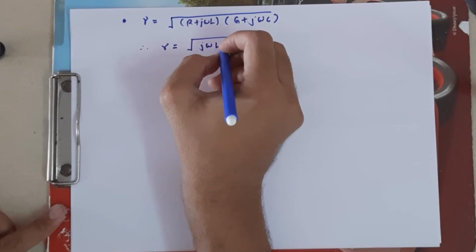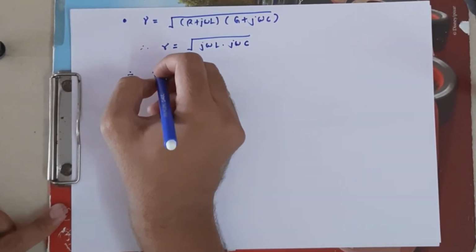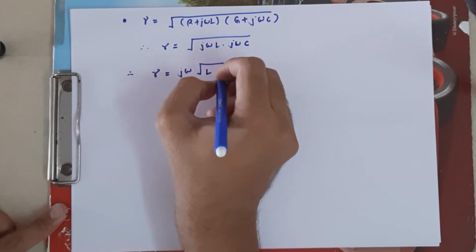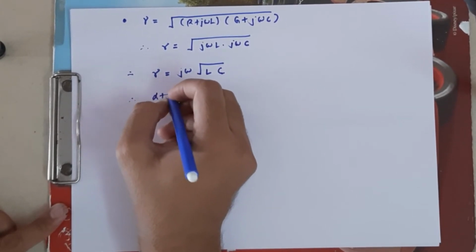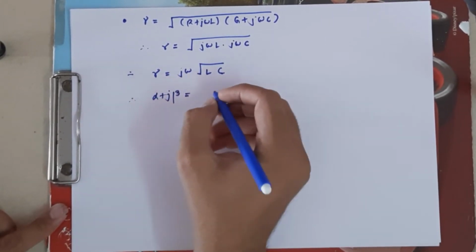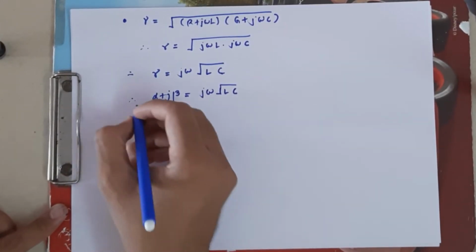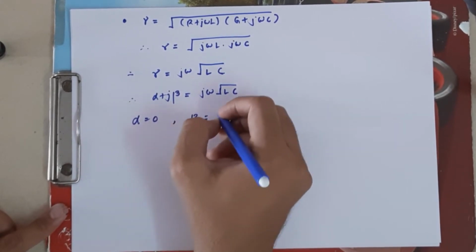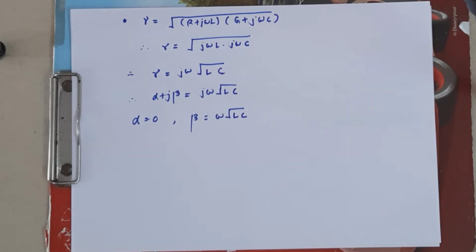So it is j omega L into j omega C. So gamma is equal to j omega under root LC. And what do you mean by gamma? It is nothing but the addition of the real part and the imaginary part. If you compare these two, the value of alpha is 0 and the value of beta is omega under root LC.